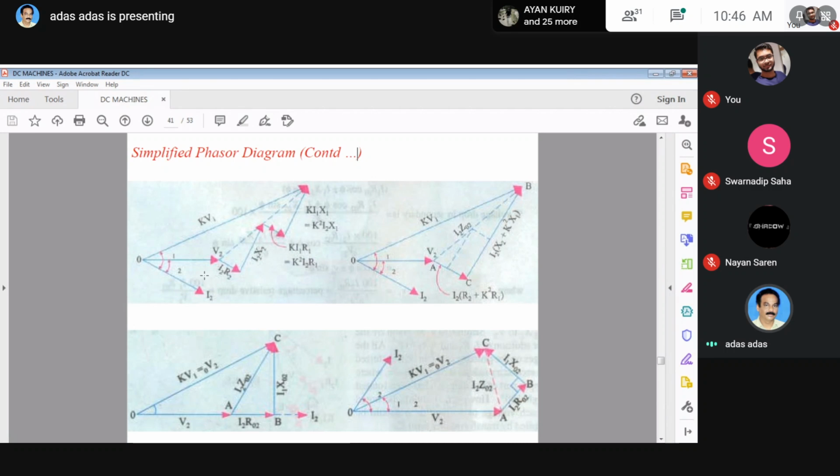This is V2, secondary side. V2 added with I2 R2 plus I2 X2 will give you E2. This is I1 R1, I2 R2.